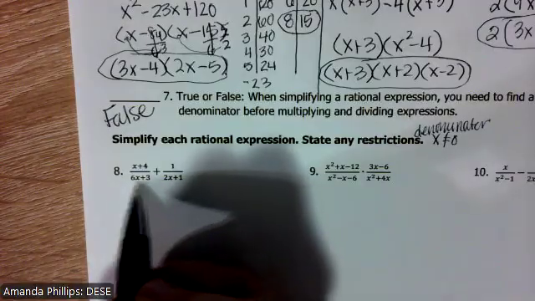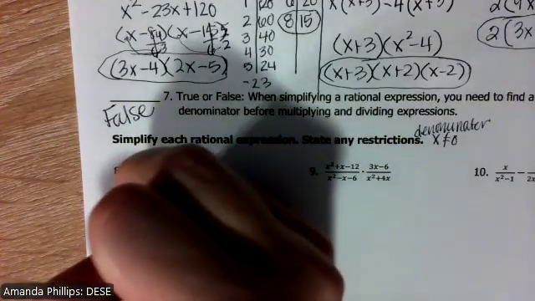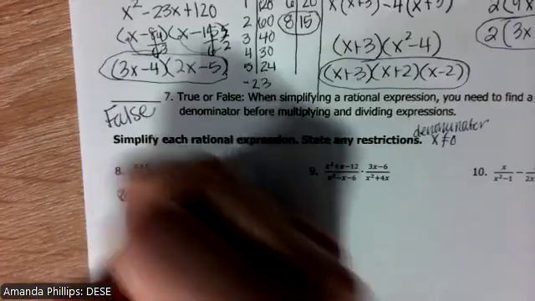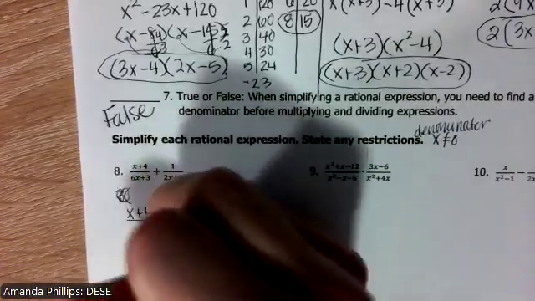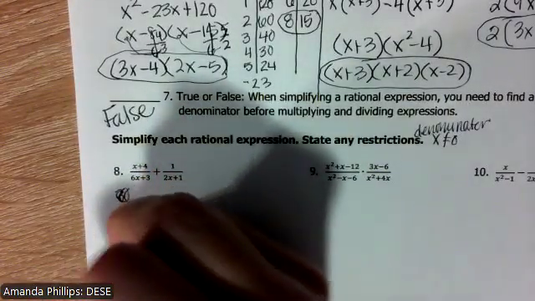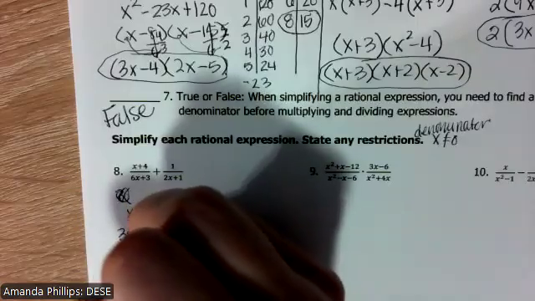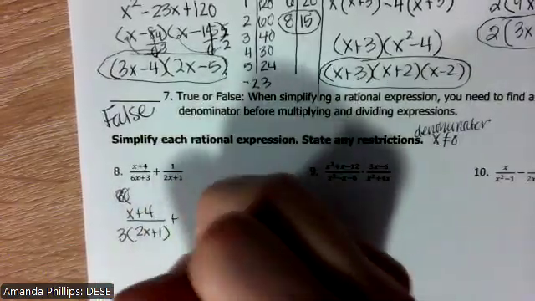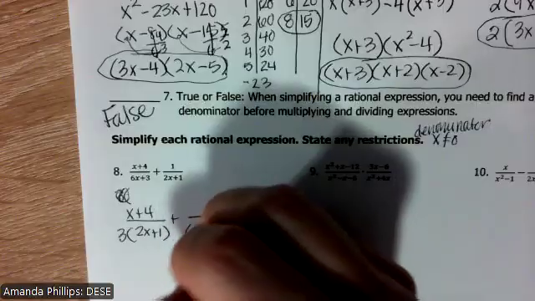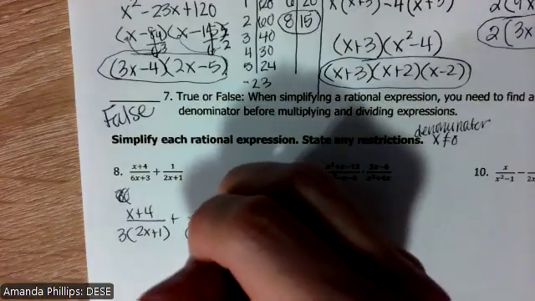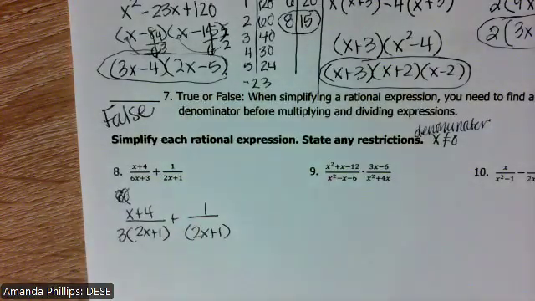So I can see that this 6x plus 3 has a 3 in common. And actually, I'm just going to write this whole thing over. So that would be 3 times 2x plus 1 plus, and this one just has 2x plus 1. Okay, so let's look at what they would both have to have.